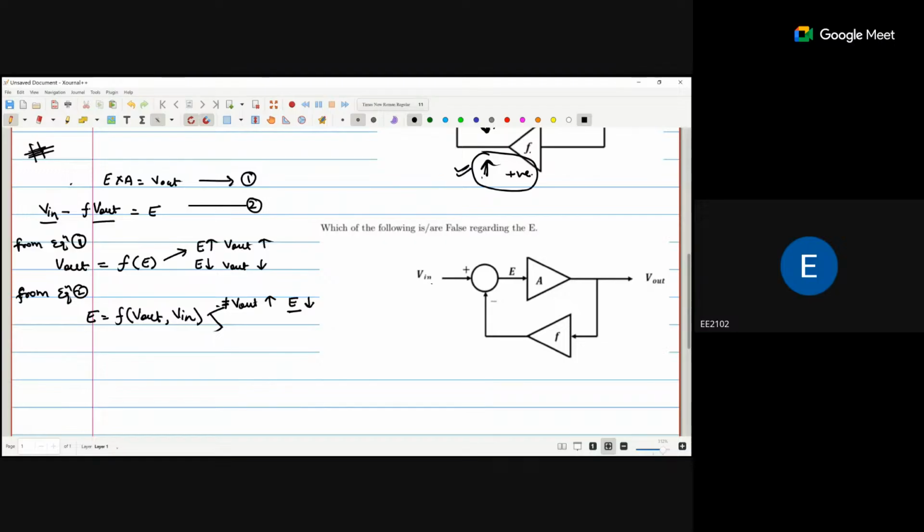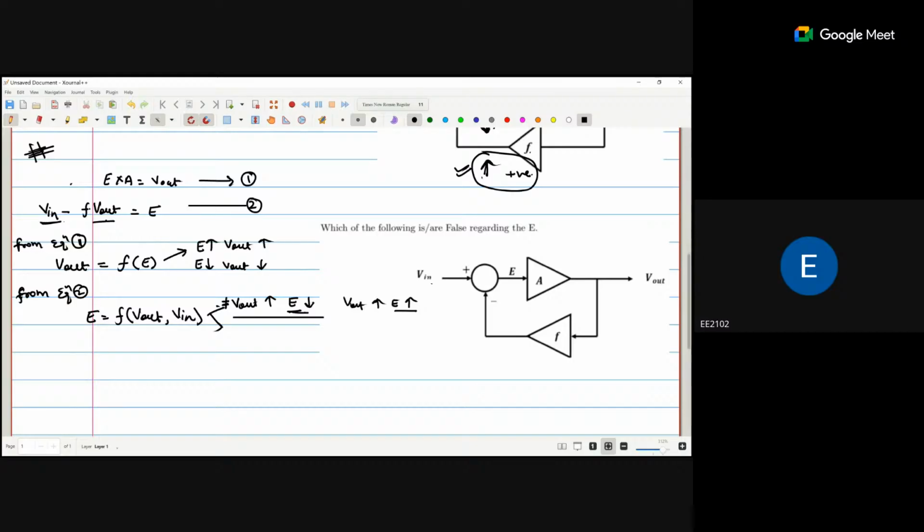If V out is increased, maybe V in is also increased or decreased, and E automatically decreases. So I can't say that equation 2 gives me the direct relation between E and V out, since E is dependent on V out as well as V in. So we can't say that if V out increases, E decreases. Maybe it is possible that V out increases and E increases, or maybe E decreases.